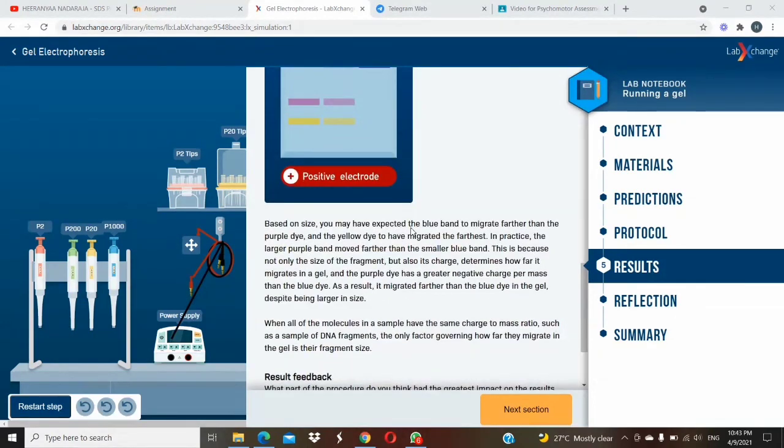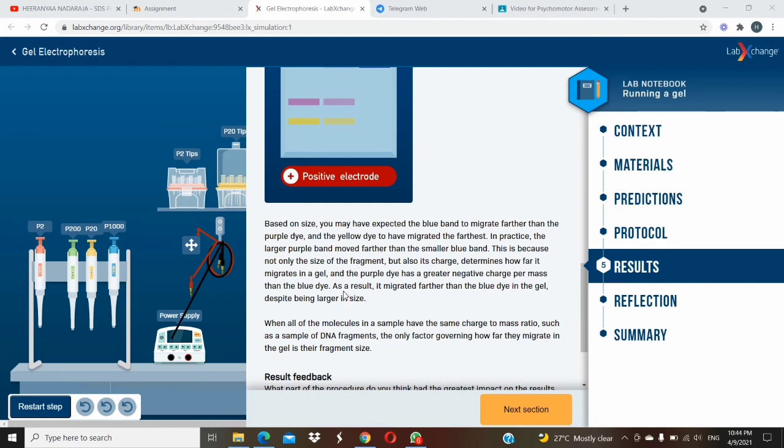But in practice the larger purple band moved farther than the smaller blue band, because not only the size of the fragment but also its charge determines how far it migrates in a gel, and the purple dye has a greater negative charge per mass than the blue dye. As a result, it migrates farther than the blue dye in the gel.